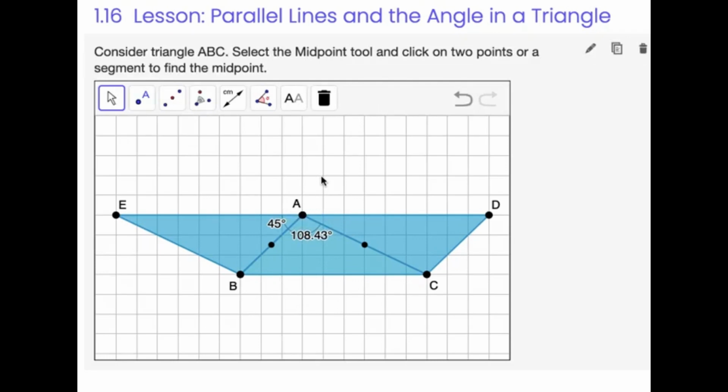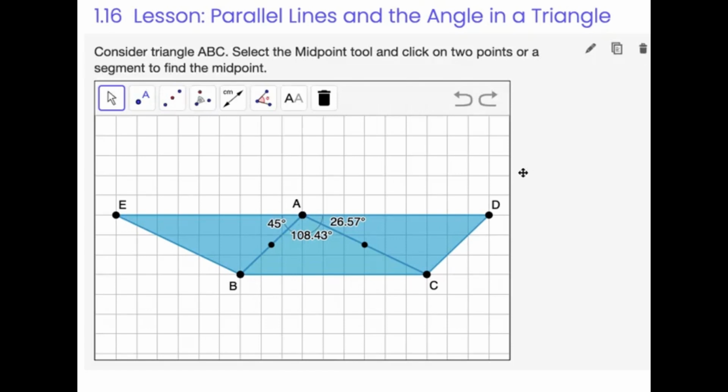Let's measure that last angle CAD. And that comes out to be 26.57 degrees. And so if we took our calculator or a piece of paper and added those all together, they do indeed come out to be 180 degrees.